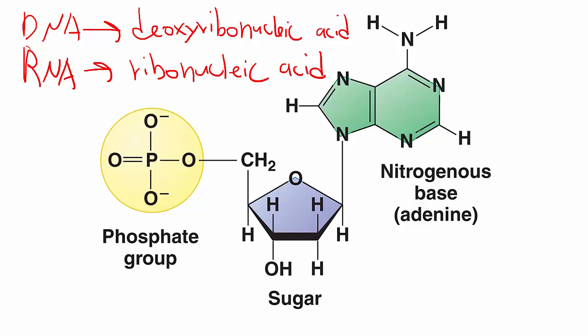Here we have a typical adenine nucleotide found in DNA. You see, at this second position of the ribose sugar, right here, we simply have a hydrogen in this case. If this adenine was part of RNA, we would have an OH group, a hydroxyl group instead.